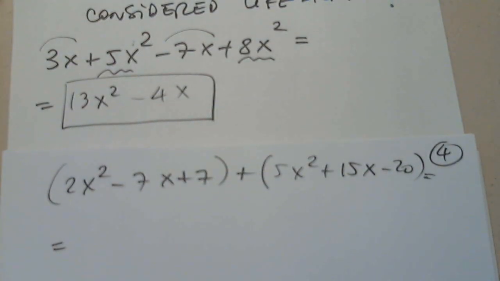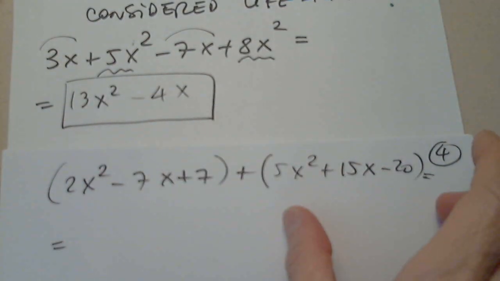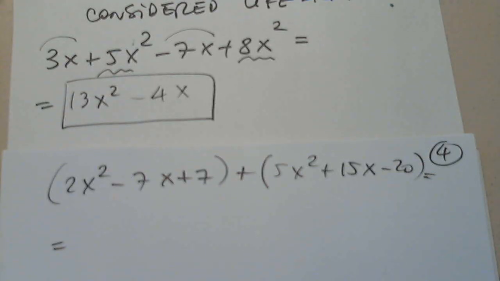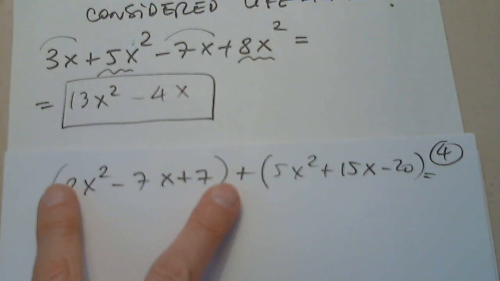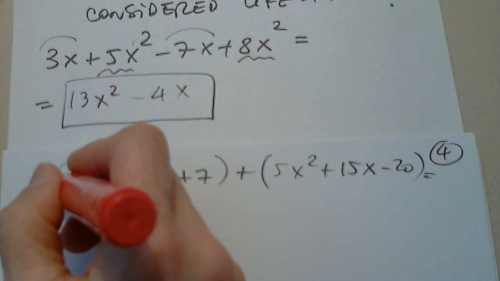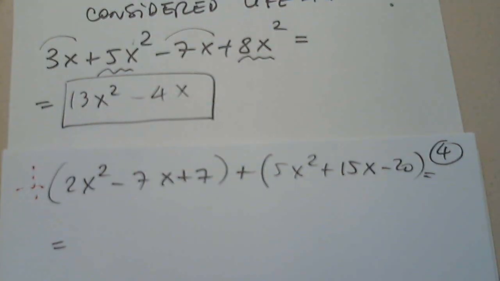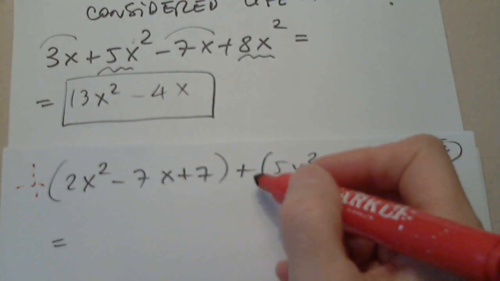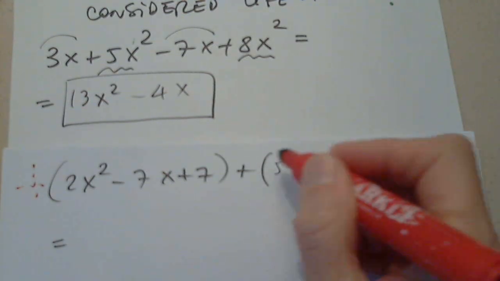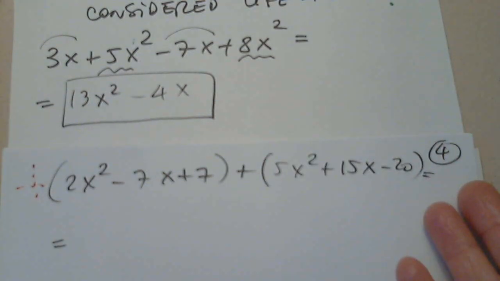You are going to see in Pearson polynomials presented like this in parentheses, because in front of the first group there is no sign. Mandatory, we know, we have to assume it's positive. The positive sign in front of the second group doesn't change anything.